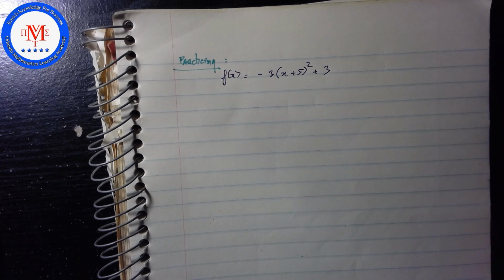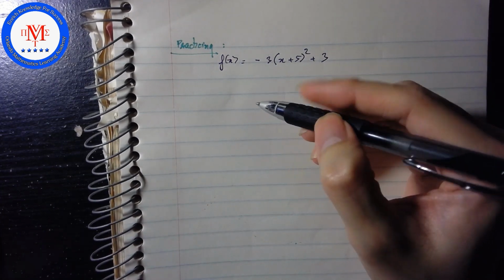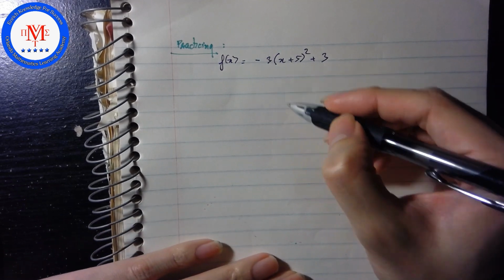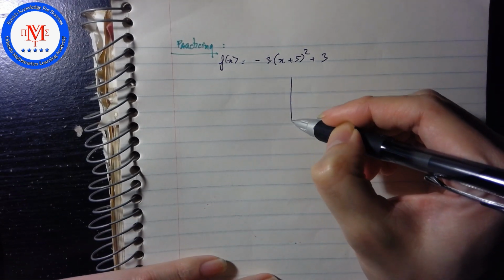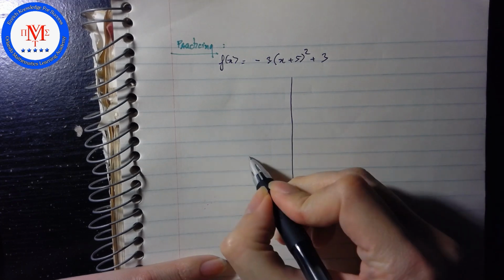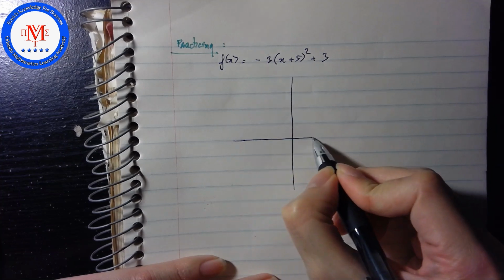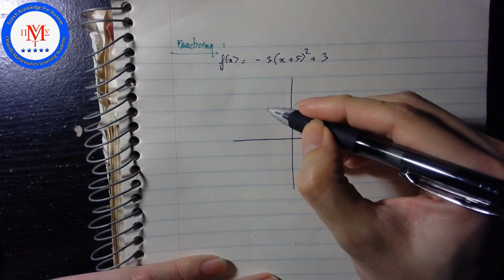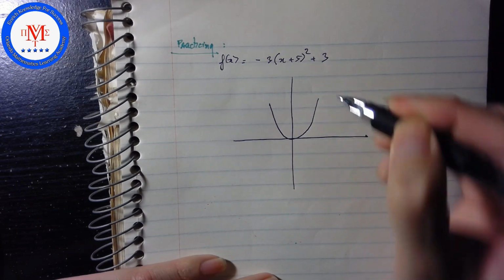So I want to graph the original function first. The original function will be like this.